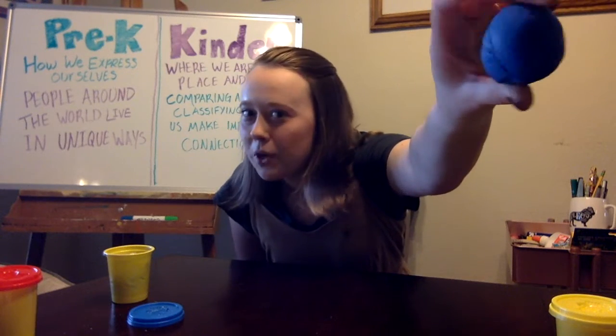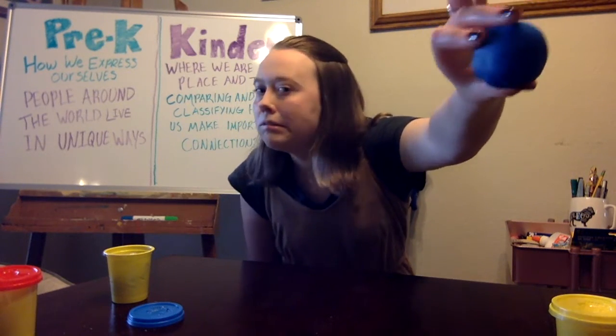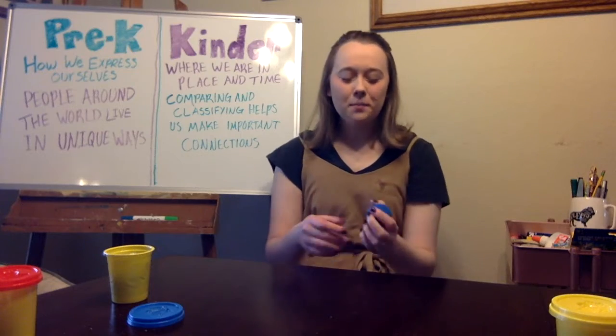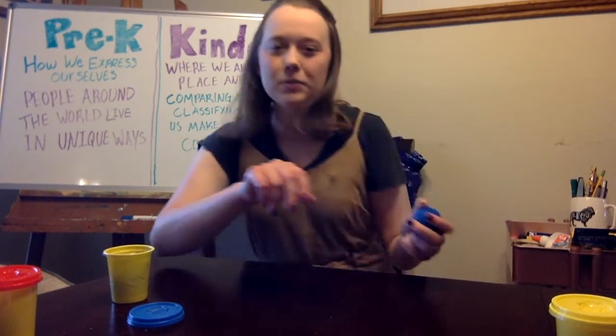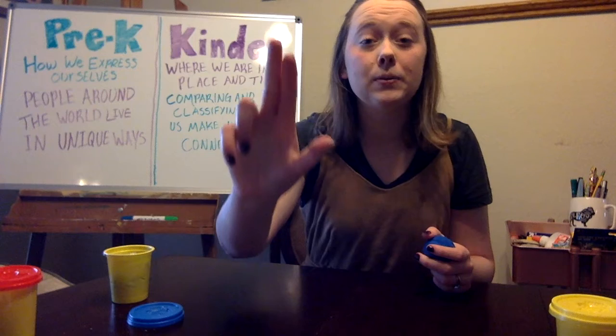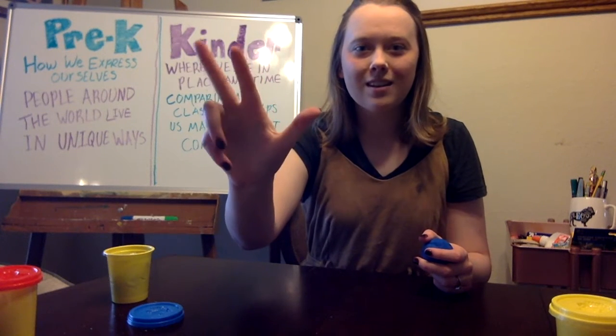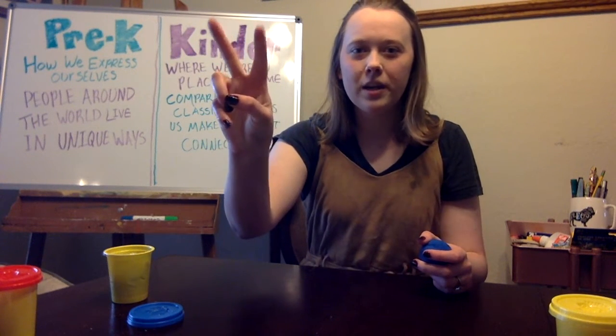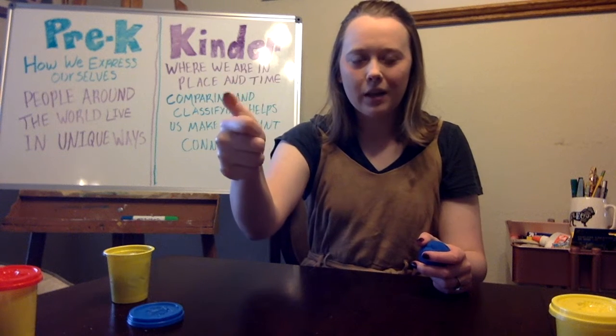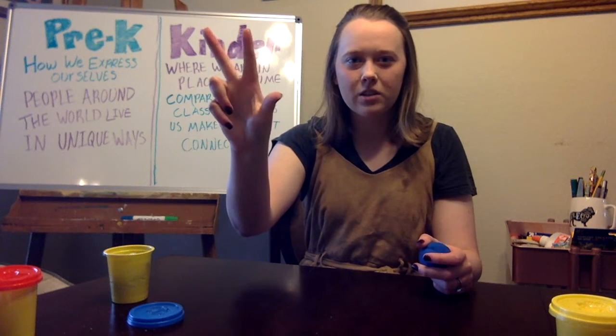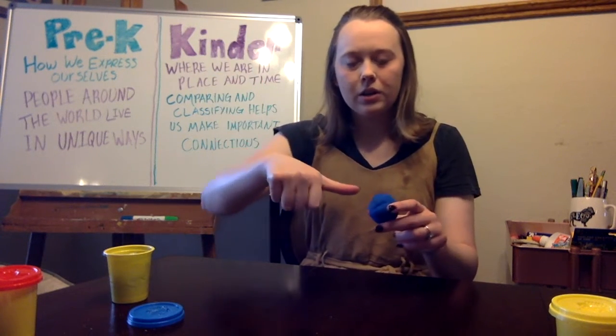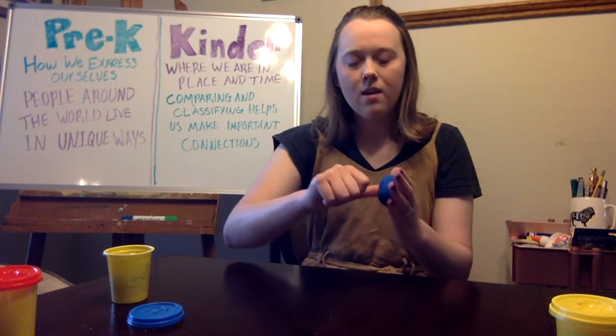Now, does it have to be perfectly a sphere? No, it doesn't have to be perfect, but what we're going to use with our sphere is 3 fingers. We're going to use these 2 fingers like bunny ears, and we're going to use our thumb like a thumbs up. So hold up your bunny ears and your thumb, and what you're going to do is stick your thumb in halfway.